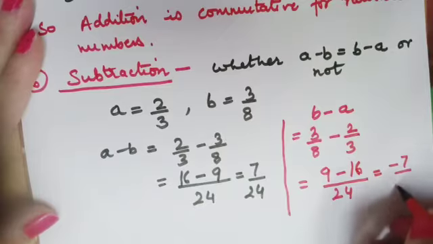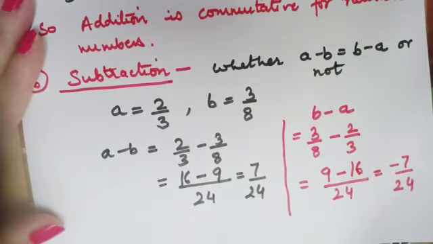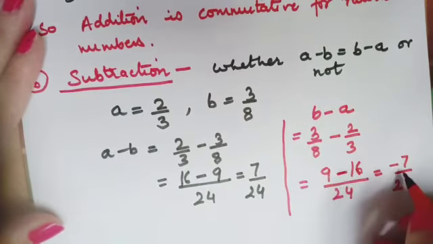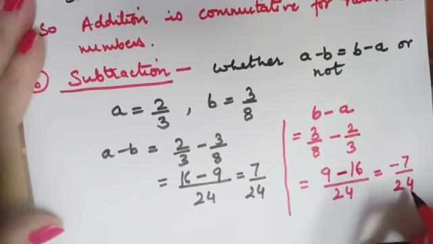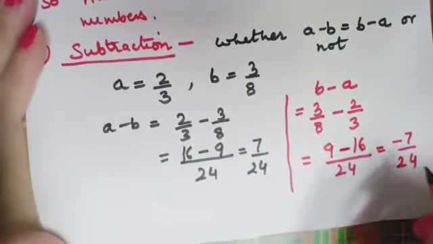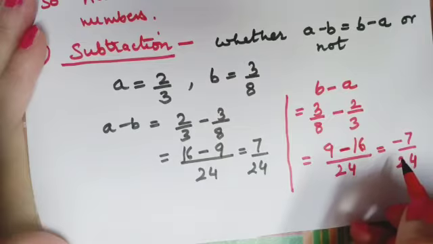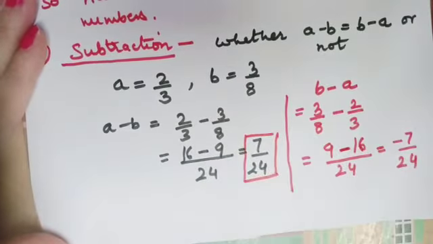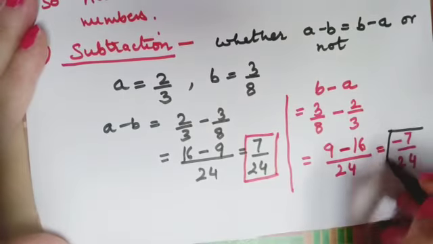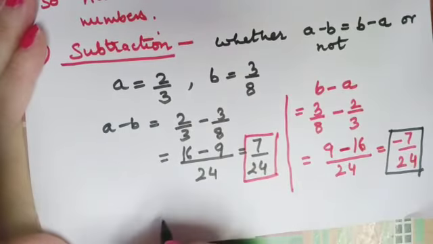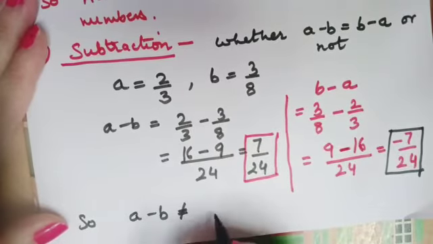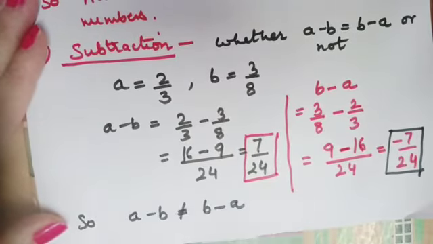It will become minus 7 upon 24. As 16 is greater than 9 and it has a negative sign, the answer will be minus 7 upon 24. Are they equal? They are not equal. So the conclusion is A minus B is not equal to B minus A.